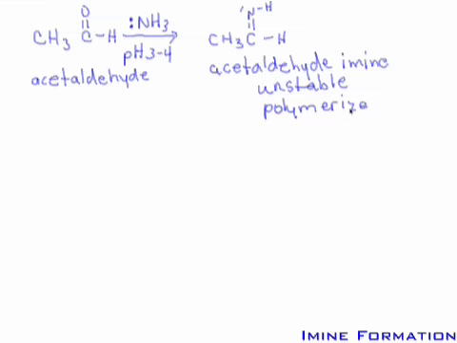More commonly, we take an aldehyde, such as, say, benzaldehyde, and we react it not with ammonia, but rather with an amine. For example, we might use CH3NH2. In such a reaction, we use a pH window of about 4 to 5.